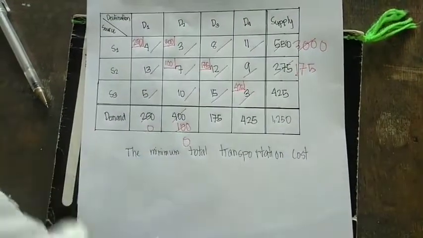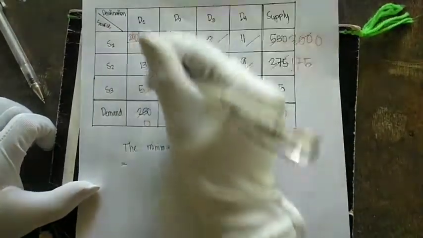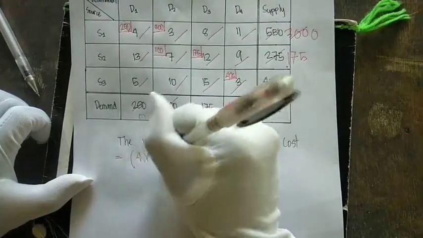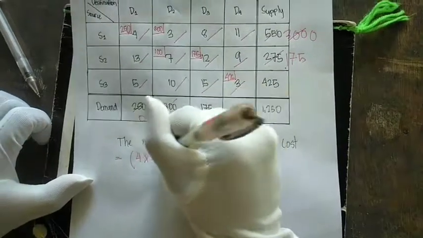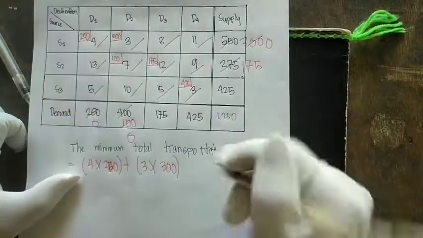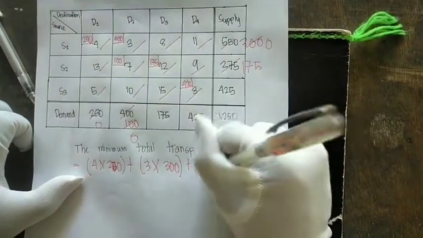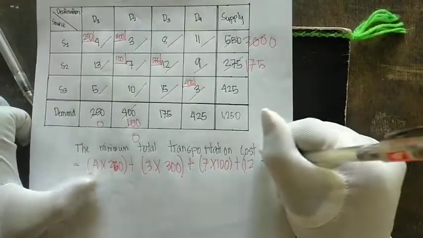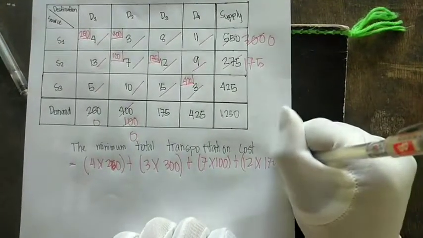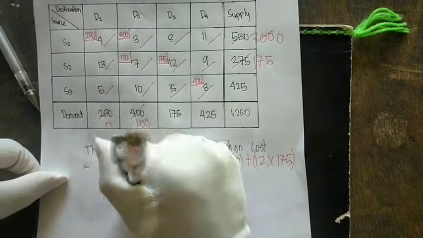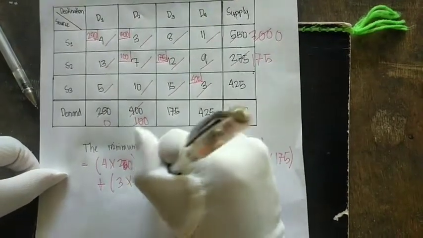So we will look at this first cell. We have 4 times 250 plus 3 times 300 plus 7 times 100 plus 12 times 175 plus 3 times 425.